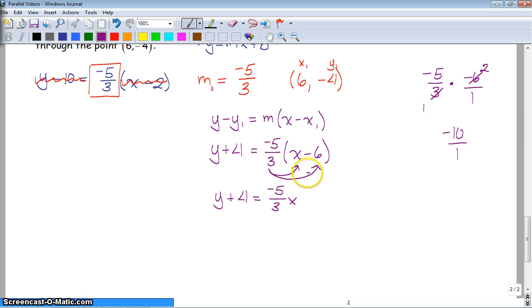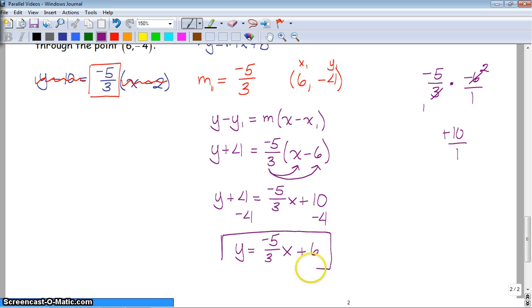So when I distribute and I multiply negative 5 over 3 times negative 6, I'm left with a positive 10 over 1. After we distribute, we can subtract 4 from both sides. y equals negative 5 over 3 x plus 6. This equation is in slope-intercept form, and this is my answer.